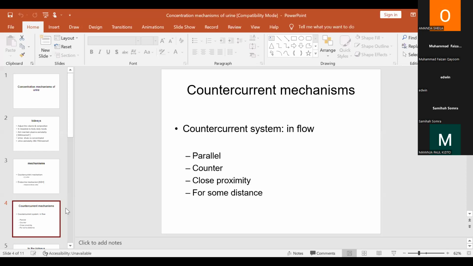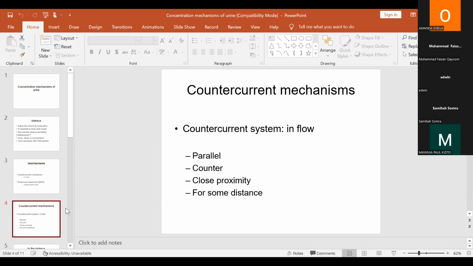In the descending loop, the filtrate is going down. In the ascending loop of Henle, the flow of fluid is going up. So they are parallel, and the flow in them is opposite. In the vasa recta, blood moves down, and then in the ascending portion, it is moving up.